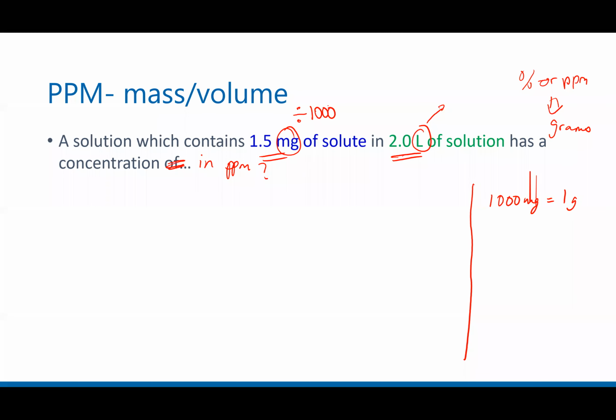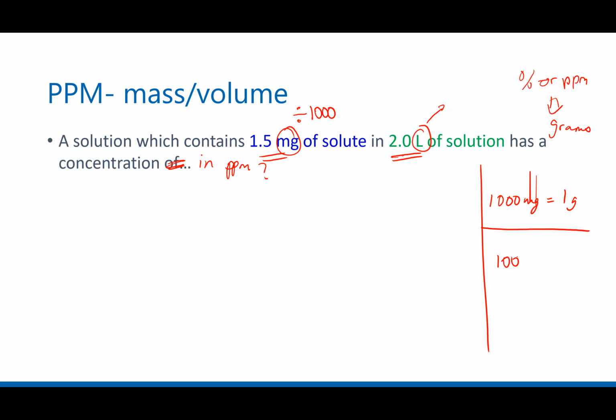Okay, now the 2 liters is a little bit more complicated. 2 liters is equal to 2,000 milliliters. Let me explain how I know that. I'll explain where I'm getting that number. 1,000 milliliters is equal to 1 liter.